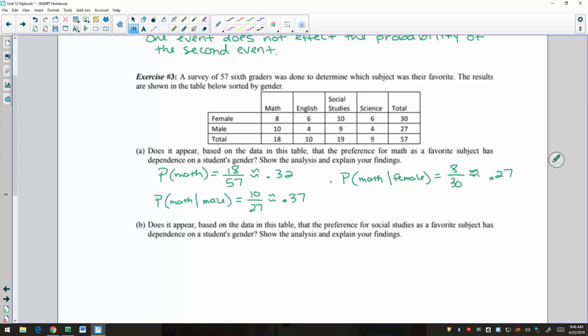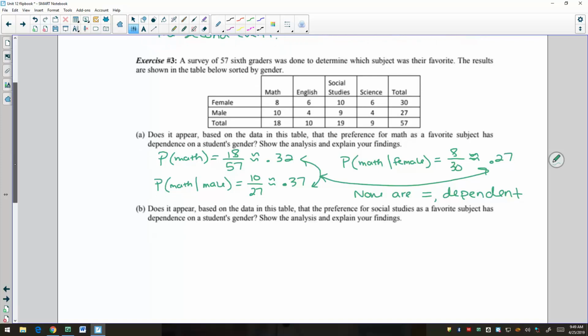Because none of those are the same, none are equal, therefore it is dependent. If they were truly independent, then it wouldn't matter if it was male or female, all the probabilities would be the same. So let's check another subject.